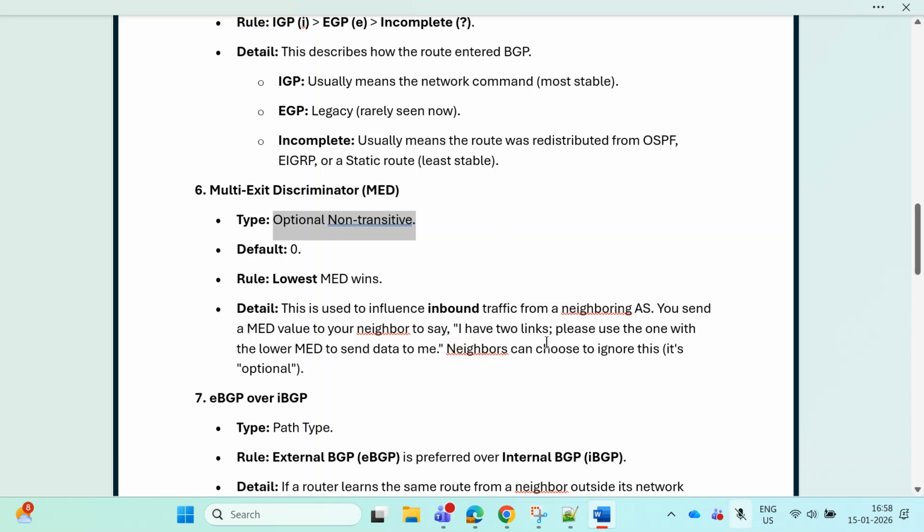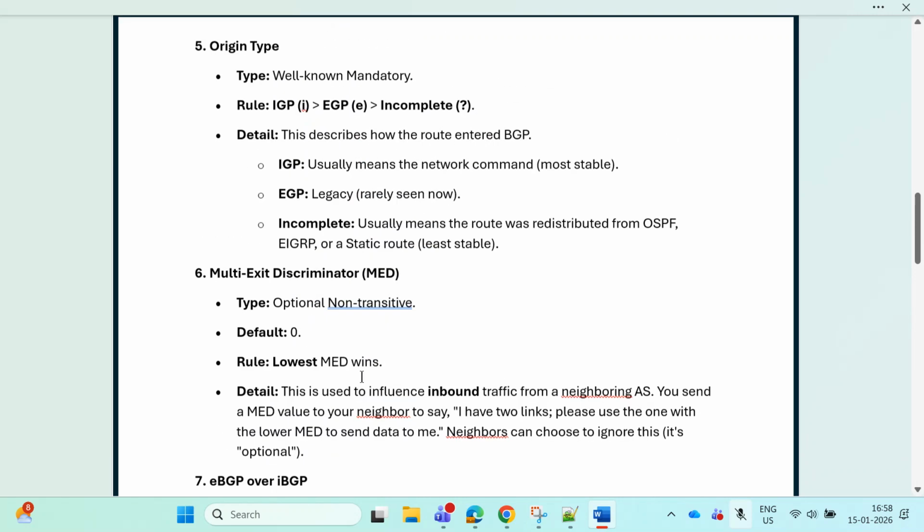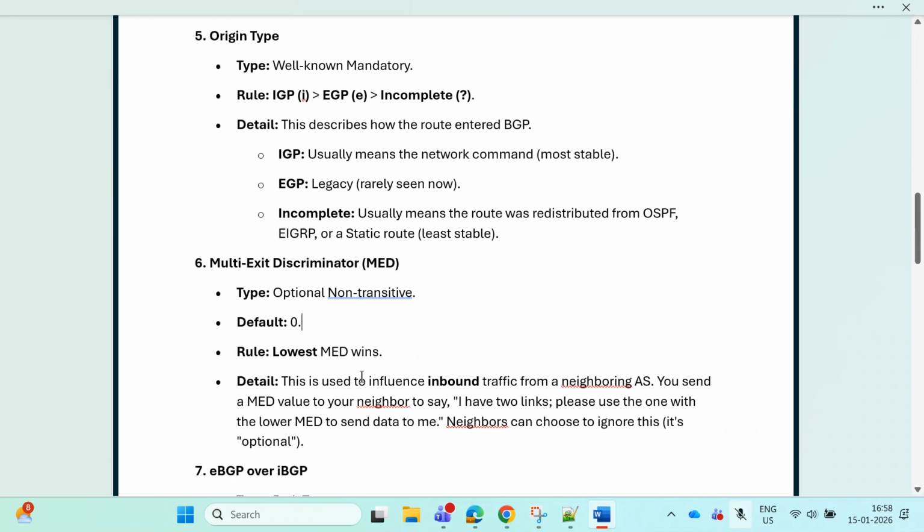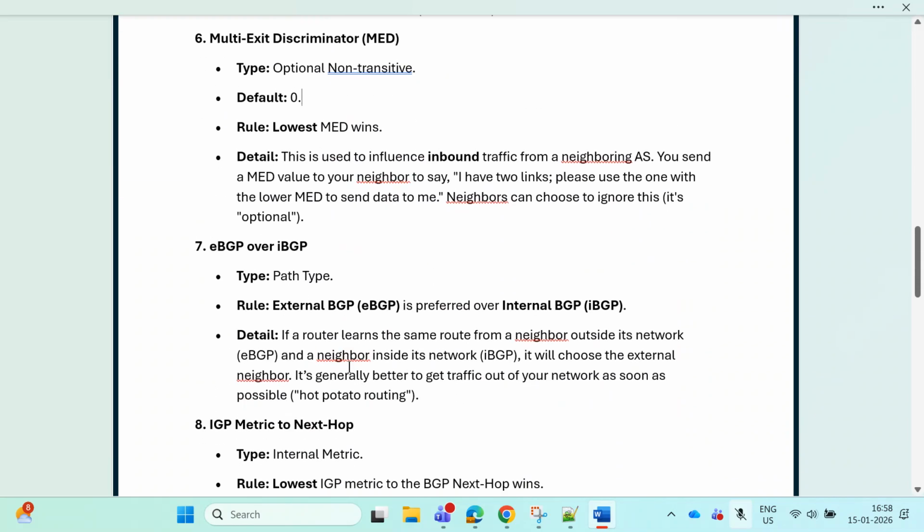The neighbor can choose to ignore this, it's optional. I have never seen this attribute used, which is why we call it optional. Mostly we use AS path prepending for incoming traffic.